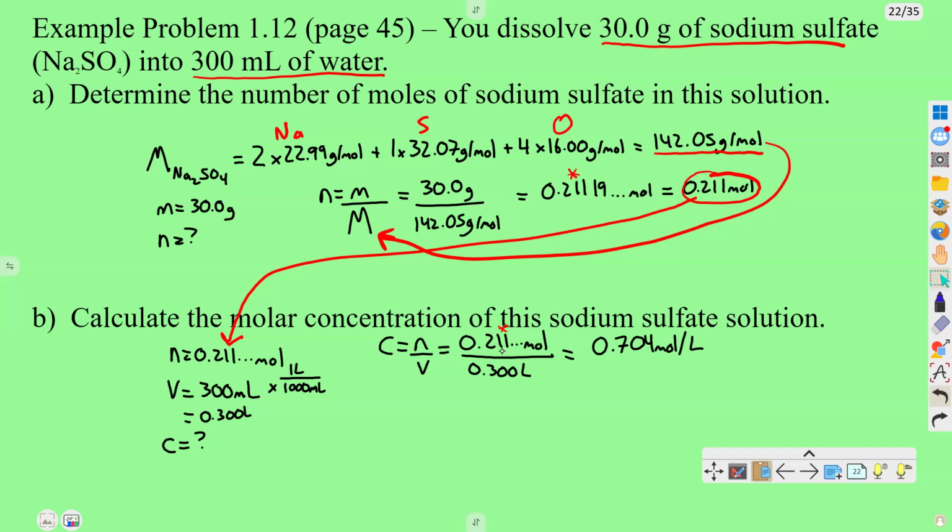So if you use the rounded value instead of the unrounded value, you would get 0.703 moles per liter, and that would be wrong. So we don't want to do that.